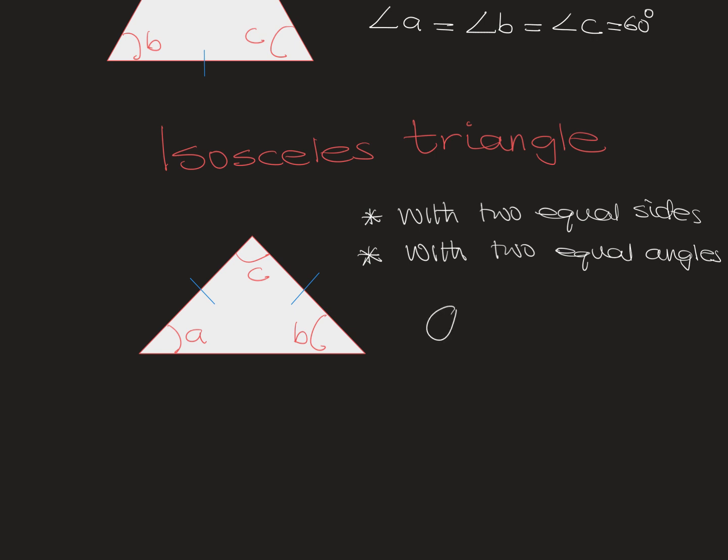So A is equal to B because they are two equal sides of an isosceles triangle. But what is important to note is that as a property for all triangles, A plus B plus C is equal to 180 degrees because the total angle of a triangle is equal to 180 degrees.